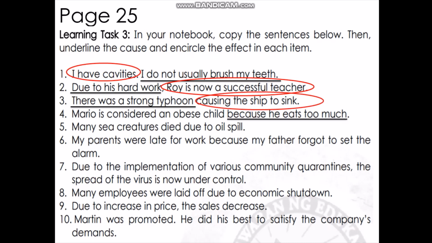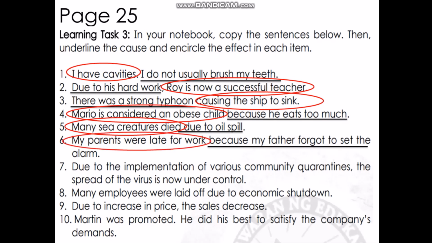Number 4, we have because he eats too much, that is the cause, and the effect would be Mario is considered an obese child.